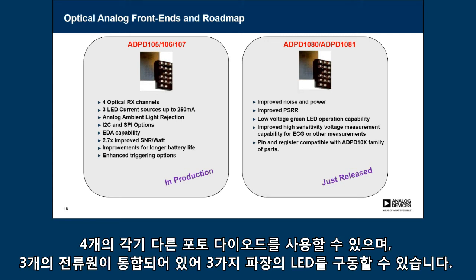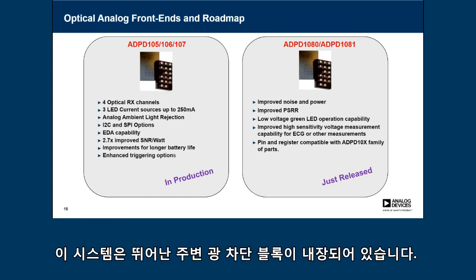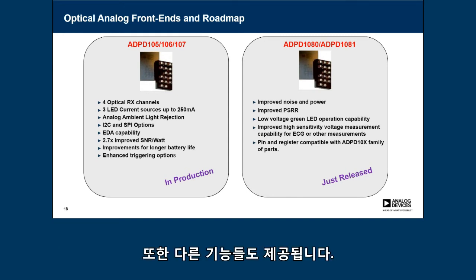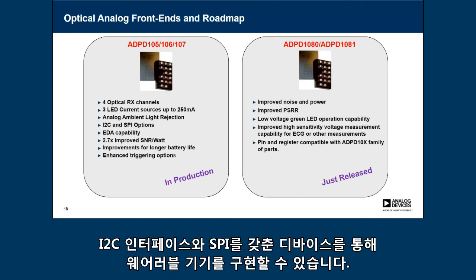Integrated also with 3 current sources, so you can drive 3 different wavelengths of LEDs. The system has a superb ambient light rejection block embedded, which helps you overcome the challenges that we discussed in the previous slide. We have different flavors available, so devices with I2C interfaces, but also SPI in case the customer would like to include an SPI interface.